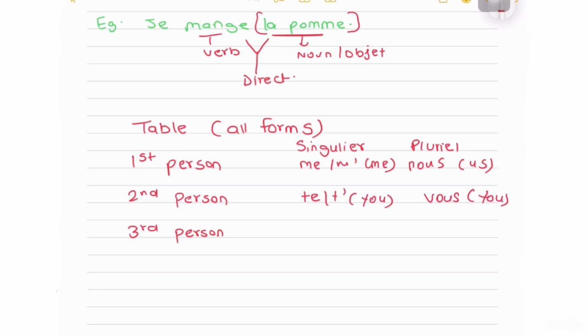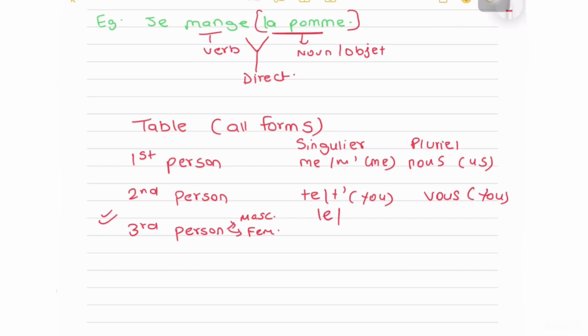Now the most important part of this table is third person. When you want to say it or them, here you can have masculine and feminine. That means we know every object in French has a gender, so the it can be masculine and feminine, singulier and pluriel. Okay, so when it is masculine singulier, you get le or l apostrophe in case of a vowel. This can mean him or it.